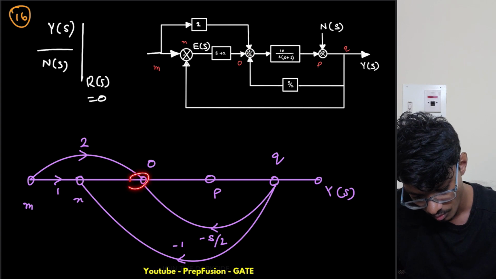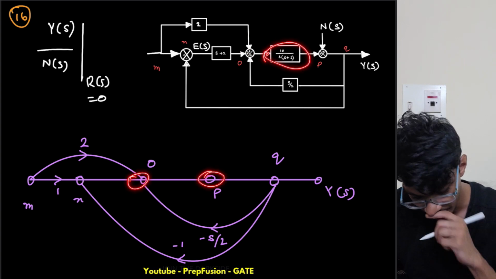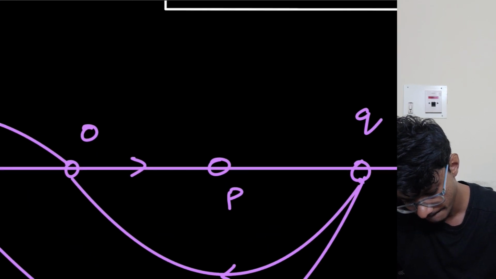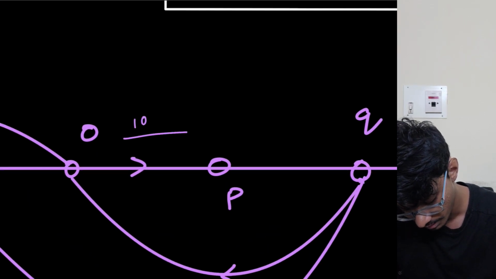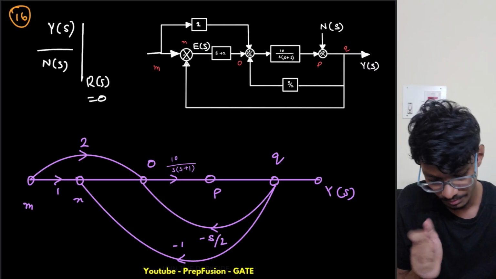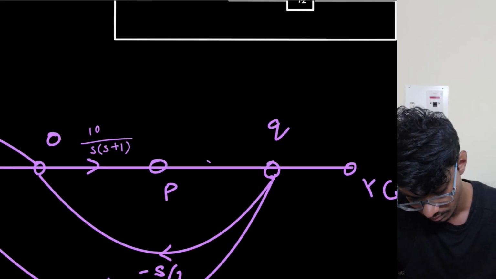And between O and P we have a gain of 10 by S into S plus 1. Okay, and between P and Q we have a gain of 1 again.